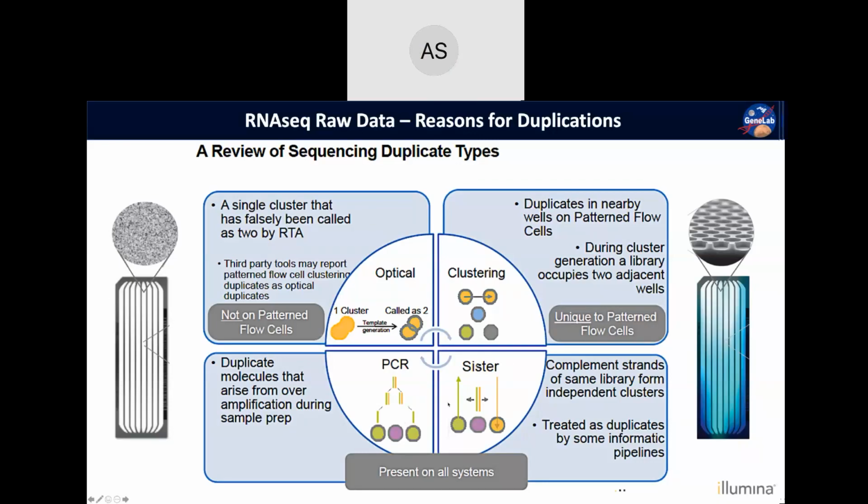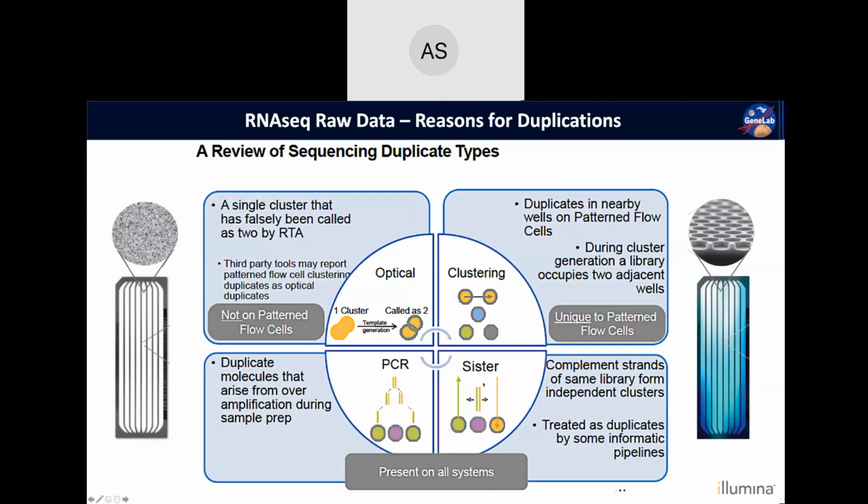And then our fourth way that we can end up with duplicated reads is by sister strands. Those are complementary strands of the same library. And remember that our libraries are double-stranded. Just before the libraries are loaded onto the flow cell, they're denatured to create single strands.